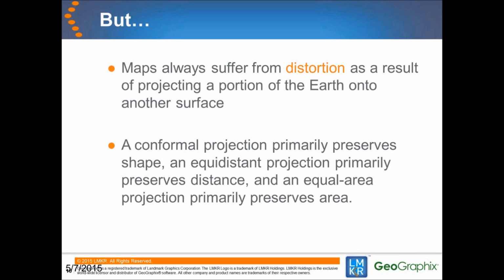Now, if you're only projecting a very small portion of the Earth's surface onto a cone or a cylinder or a plane, the distortion isn't too bad. The greater the Earth's surface that you're projecting, the distortion begins to increase and increase.